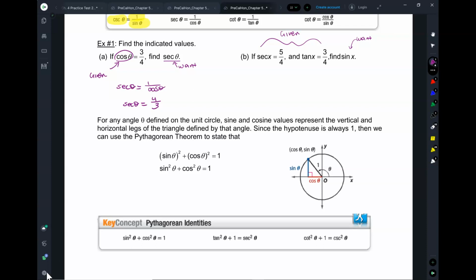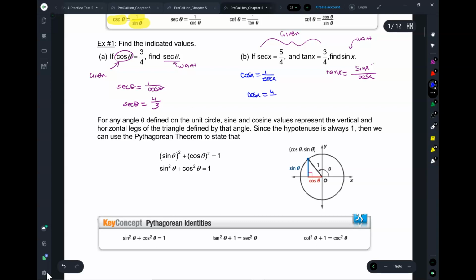Well, I know that tangent of x is equal to sine of x over cosine of x. Yes? Okay, I have sine, but I don't have cosine. Oh, but I can find cosine, because cosine is 1 over secant x. So cosine is 4 over 5.